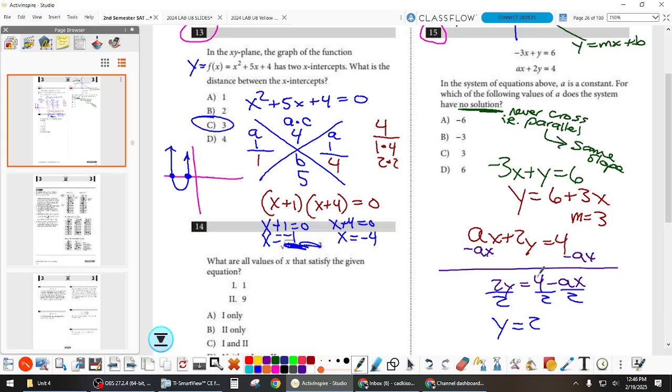Just the slope, not the whole form, just the slope. Like over here, the slope was 3. Okay, keep going. Do you agree it's just negative a over 2, right? It's the thing out front of the x. What does negative a over 2 have to be the same as for these lines to be parallel?